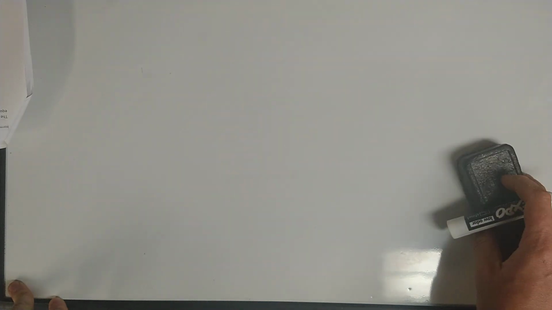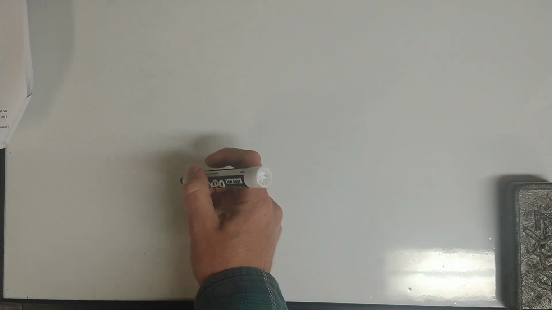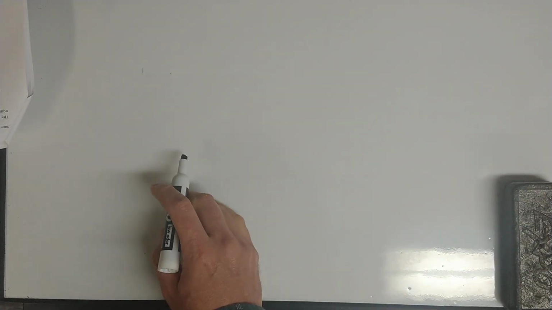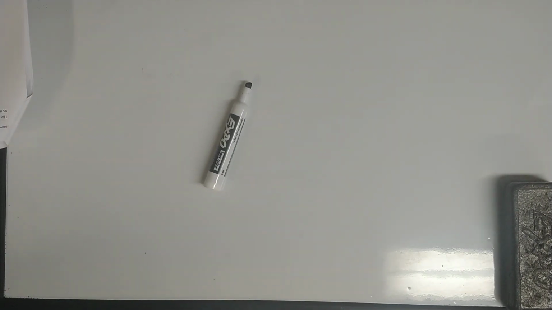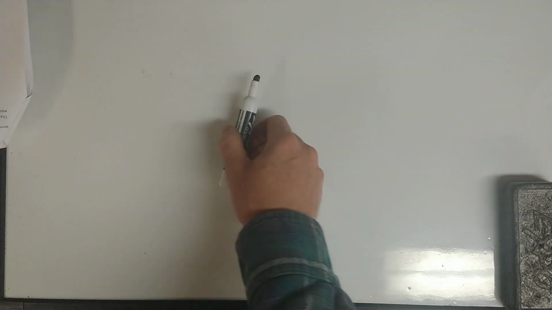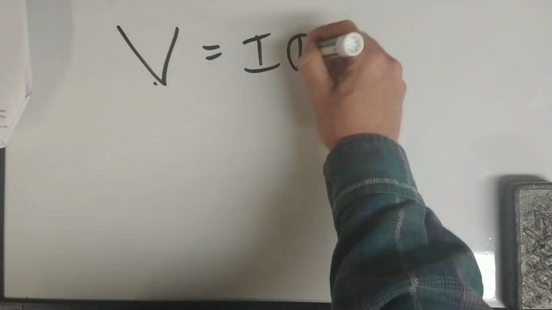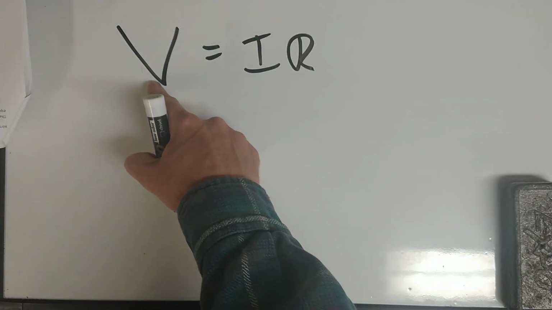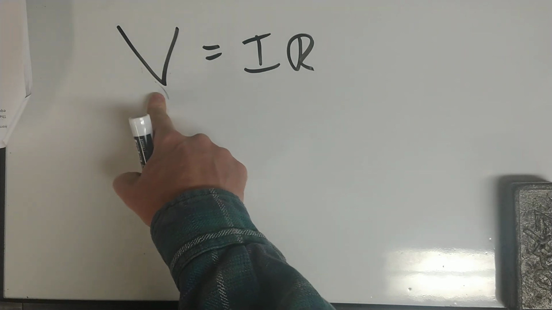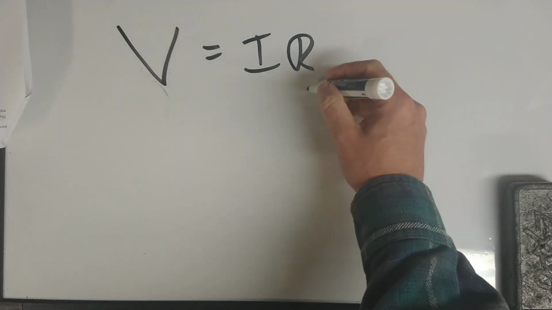So the whole point of this first activity is just to look at a simulation, Ohm's law, and I'm not going to make a video of the actual simulation here. It's very easy. It shows the equation V equals IR, and this is called Ohm's law. Voltage, current, and resistance.